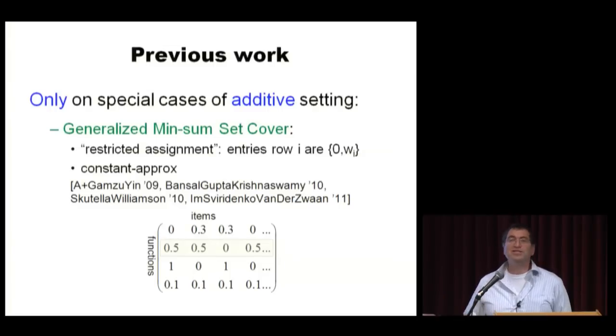So there are relevant pages and non-relevant pages, and you are just looking for some relevant pages. And here, this is again a special case, and there was a sequence of papers that started with logarithmic approximation, but eventually it got to a constant approximation.